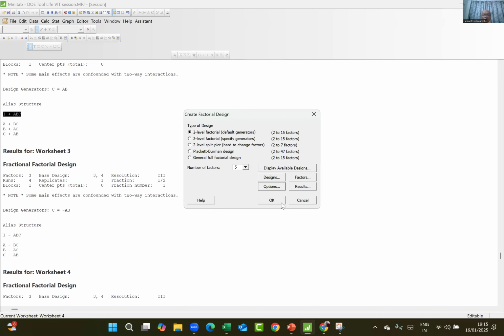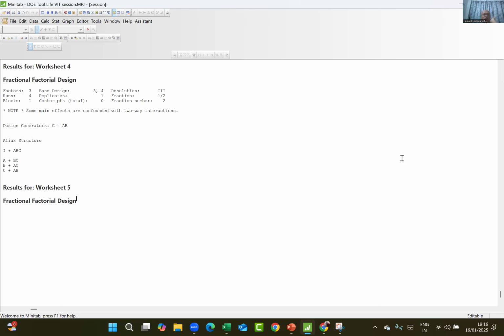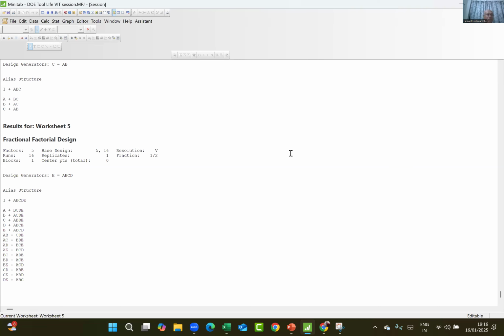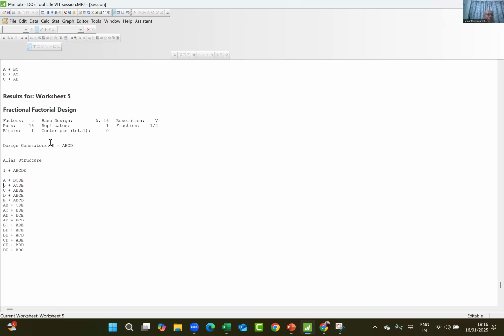And if I say OK, it will show you the extent of confounding that is there. So it says fractional factorial design, factors 5, base design is 5 factors, 16 runs, resolution 5, runs 16, replicates 1, fraction half, and design generator is E equals ABCD.